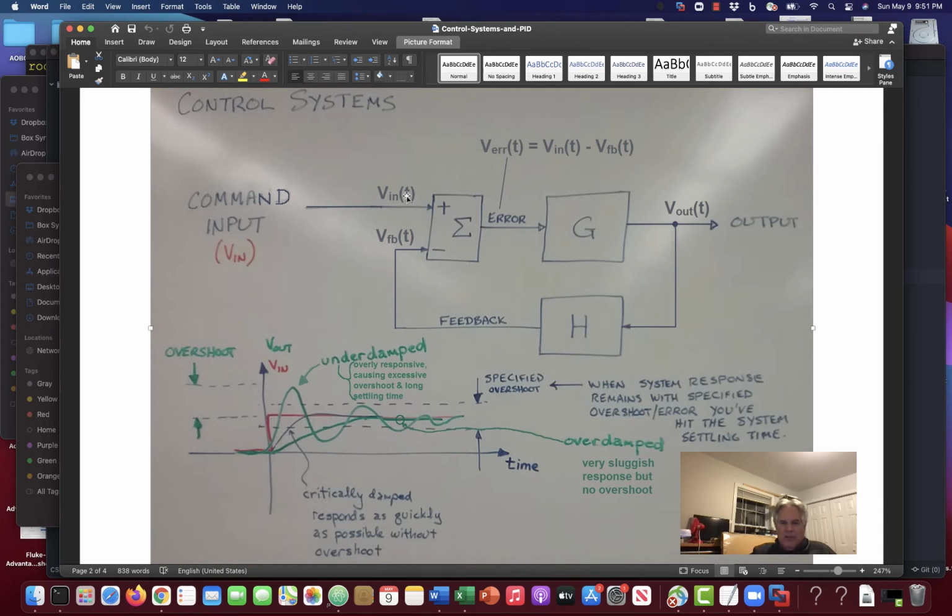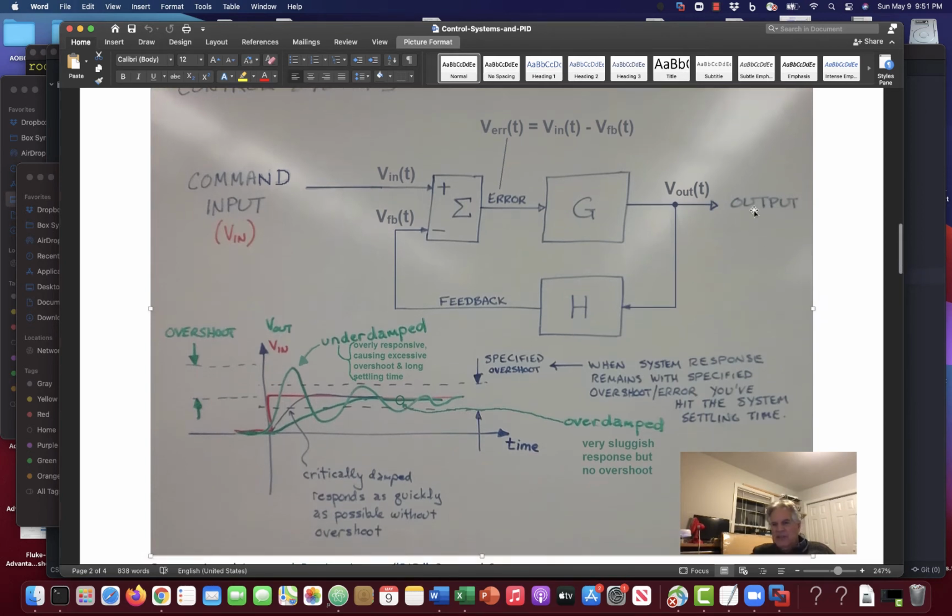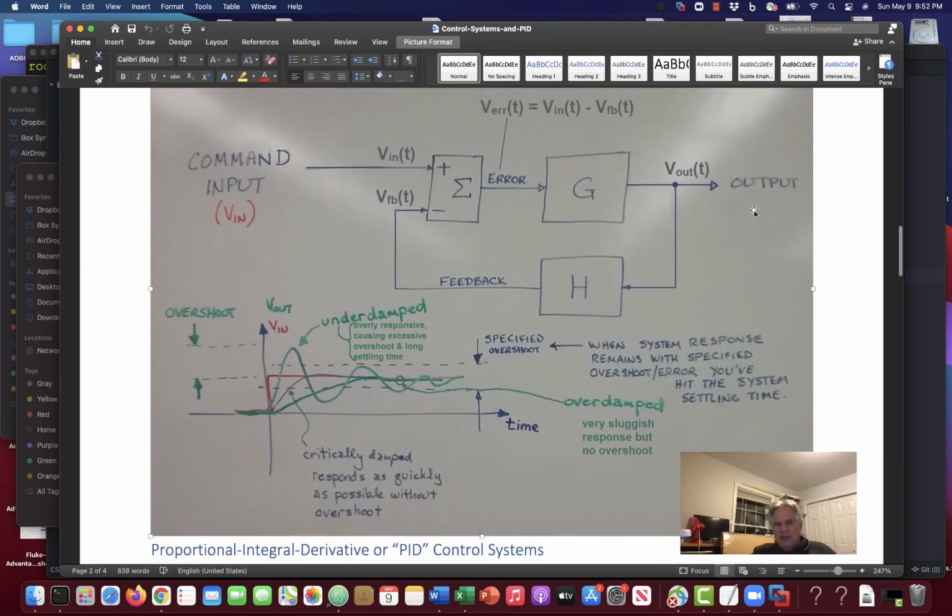So this is like a difference amplifier, really. If this were an analog circuit, it would be a difference amplifier, and we'd say, V in of t minus V FB, or V feedback of t, equals V error of t. And that error signal would go in here and help us figure out what we're going to do to get the system to be where we want it. And that's this whole idea of servo systems.